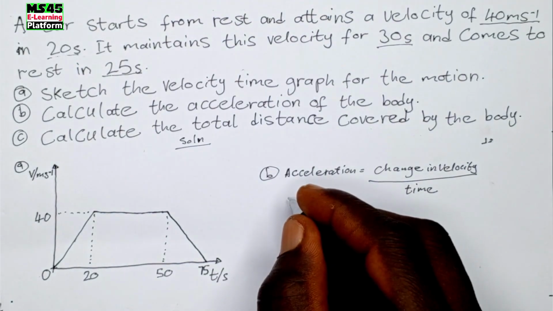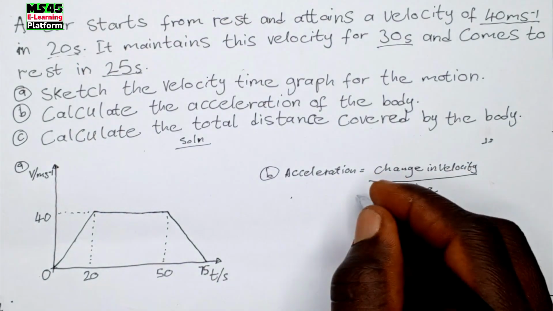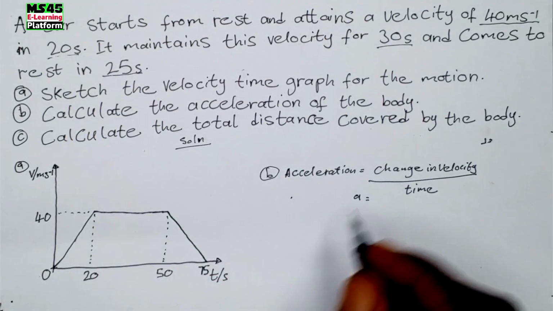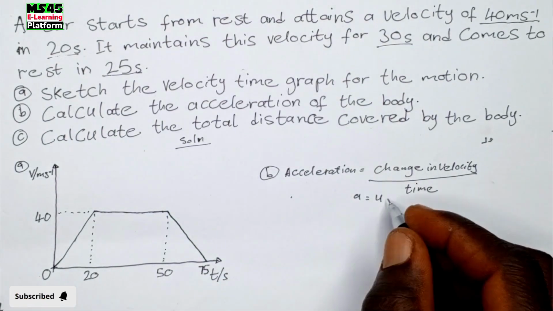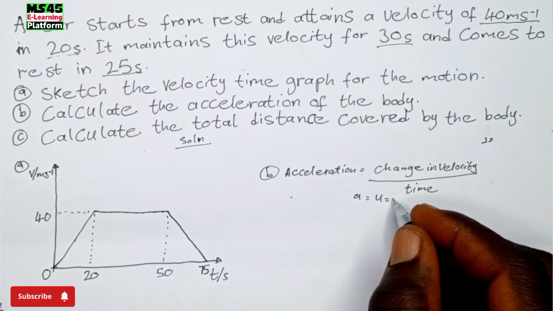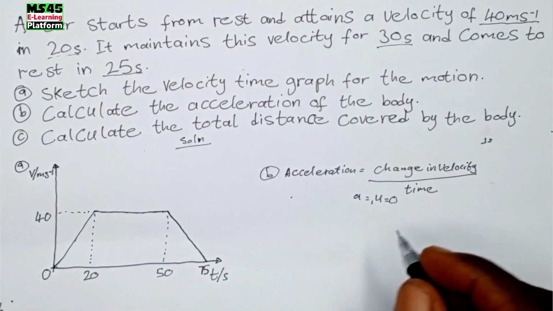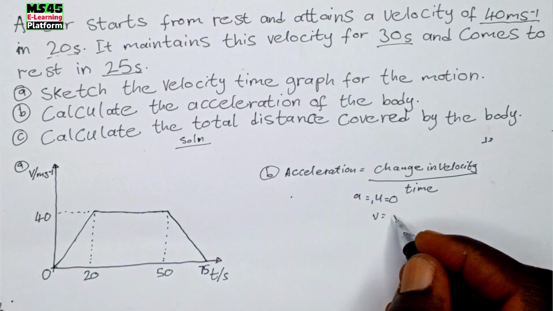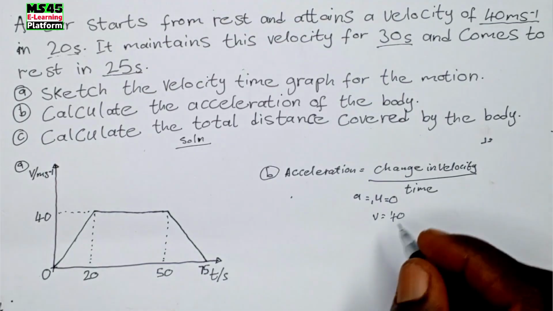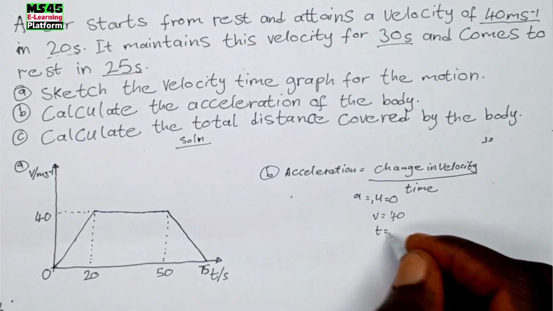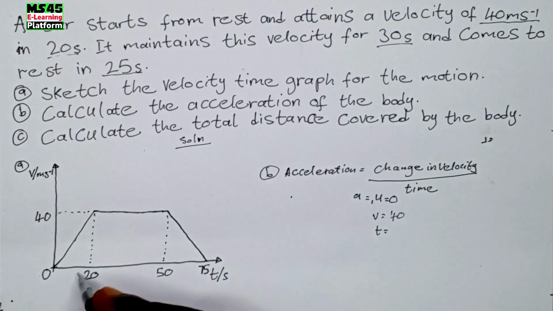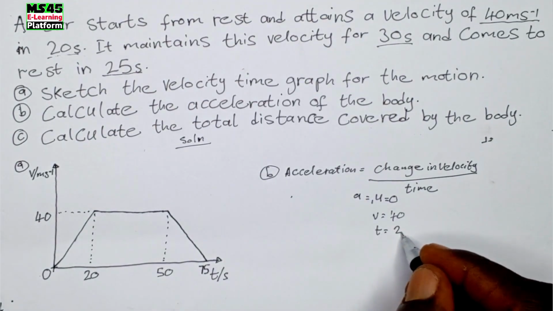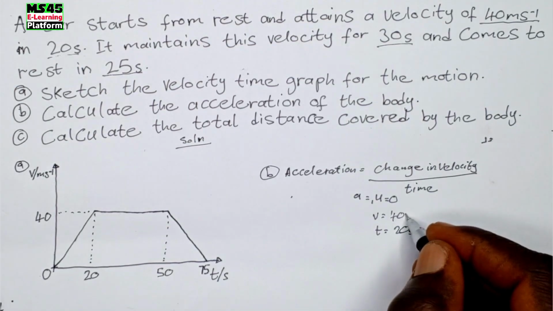So let acceleration be equal to a, and the initial velocity be u, equal to 0. The final velocity, that is v, equals 40, and our time t equals 20 seconds, when v is equal to 40 meters per second.